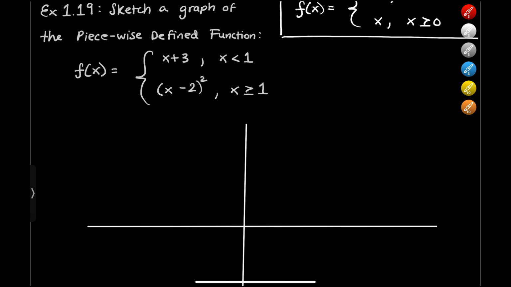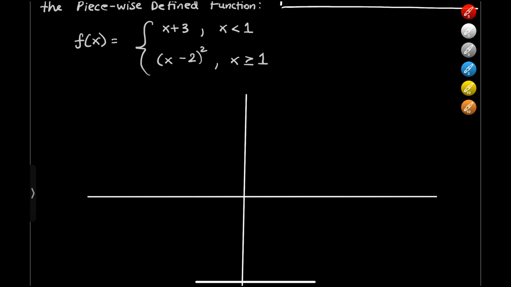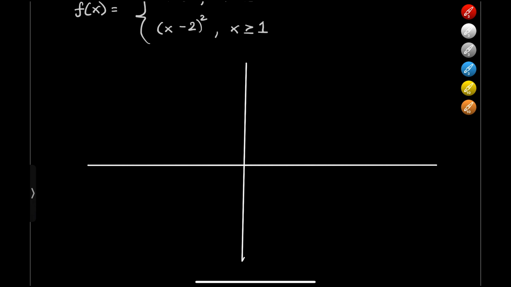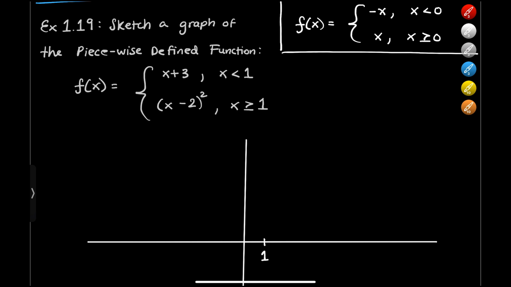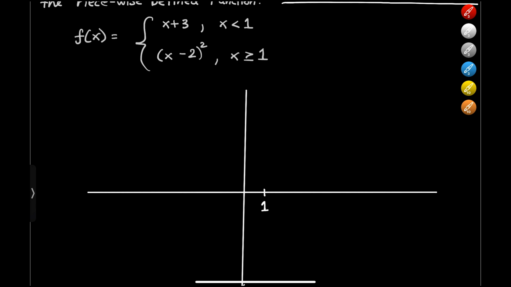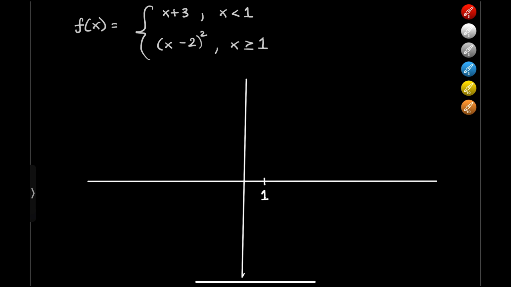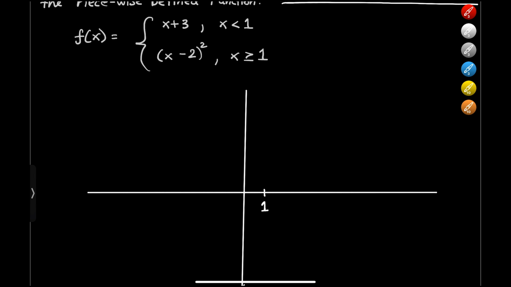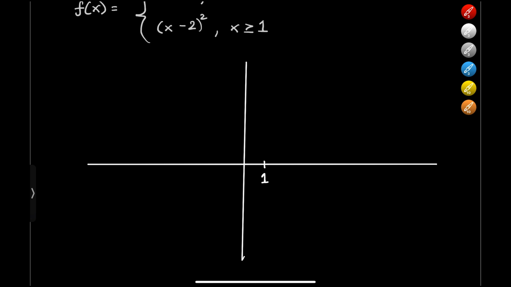Like that. And so we could see that when x is less than 1, so everything on the left side of this, we have x plus 3 as our function. So let's draw that. When x is equal to 1, y is going to be equal to 4, so it'll be 1, 2, 3, 4.